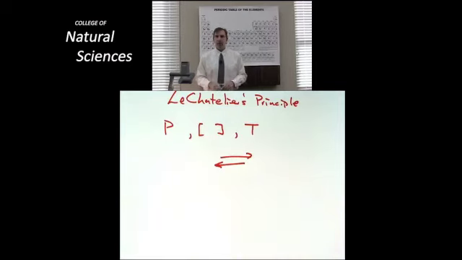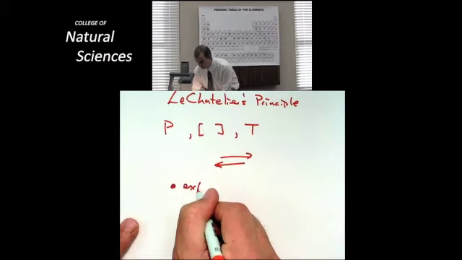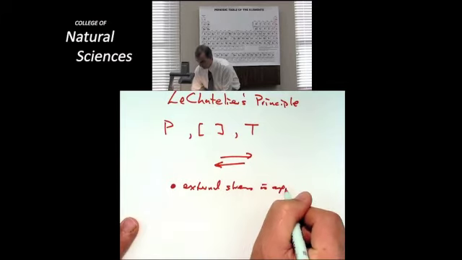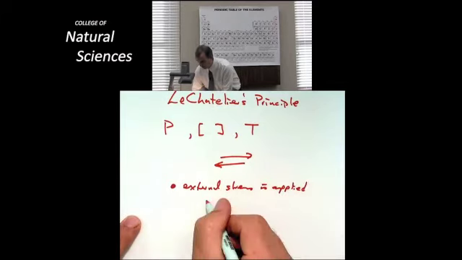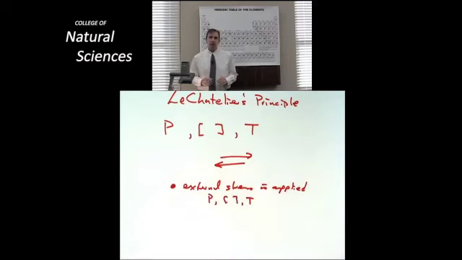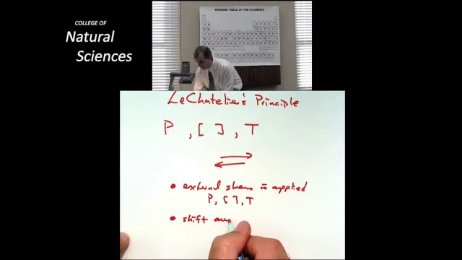So let's follow the steps of what you do in a Le Chatelier's Principle problem. The first step is an external stress is applied. As I said, that can be pressure changes, concentration changes, or temperature changes. So the external stress is applied. What is it that you do in response? Shift away, either to the right or to the left, from the stress.